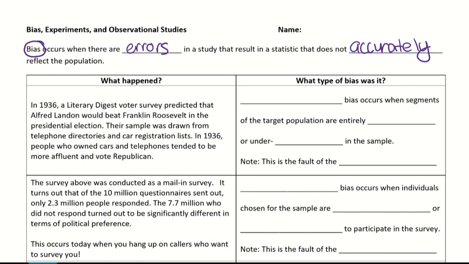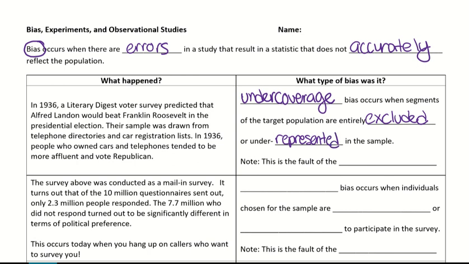So the type of bias that occurred is called undercoverage bias. And that happens when segments of the target population are excluded. So undercoverage literally means that they're not covered the way every other segment of the population is. So they're excluded or underrepresented.